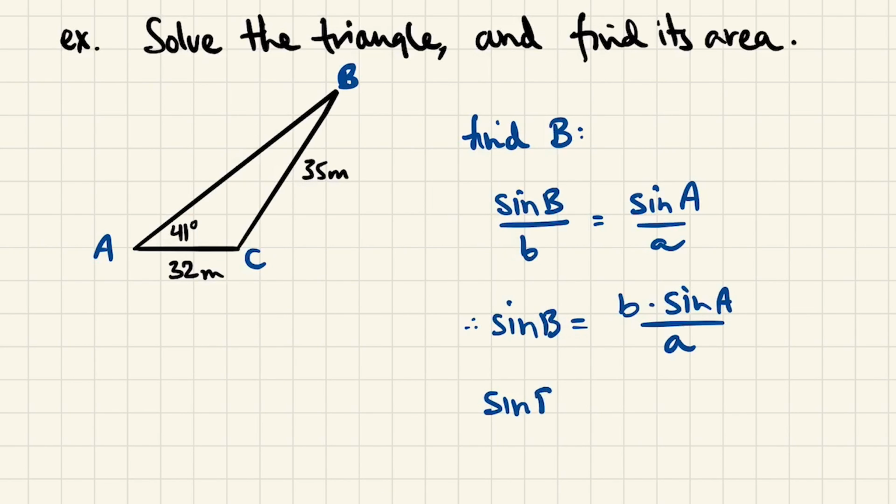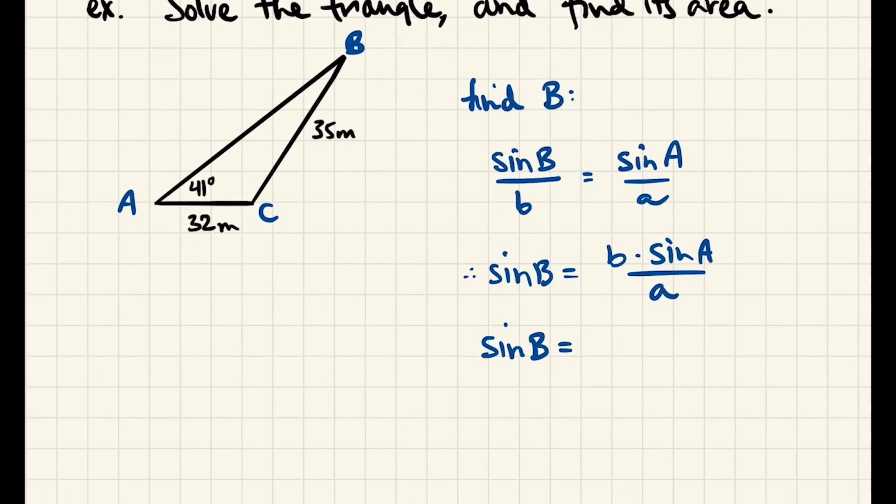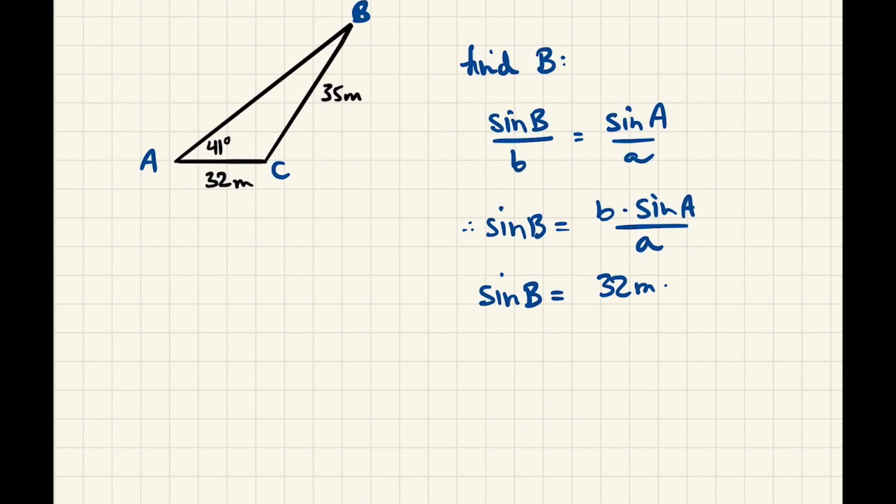So sine of capital B is little b, which is 32 meters, times sine of 41 degrees, all divided by little a, which is 35 meters. And notice that the meters cancel. They're actually providing us with a unitless ratio here, as the sine value would be. So let's do that calculation first, and then we will take the inverse sine of our answer to obtain capital B.